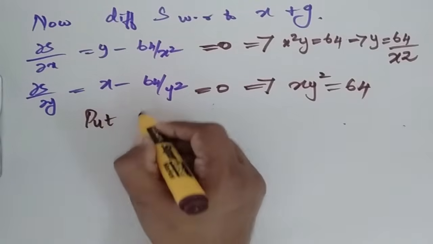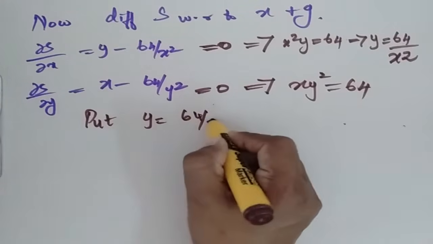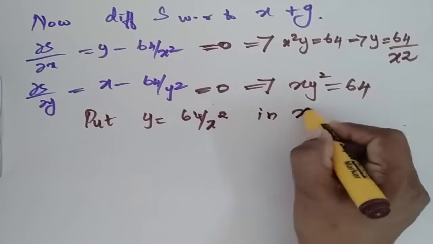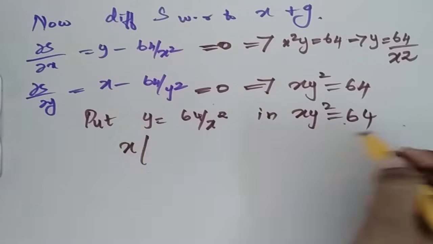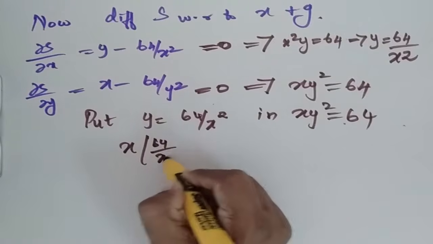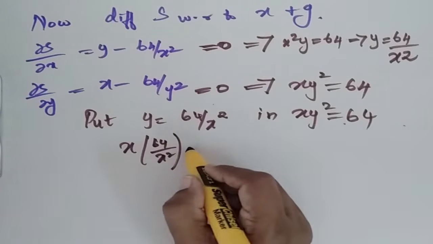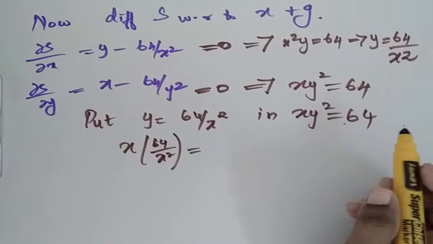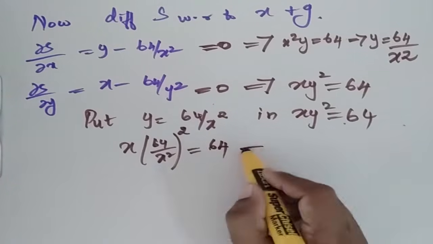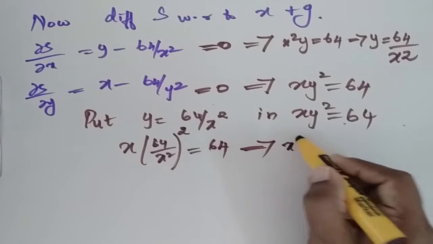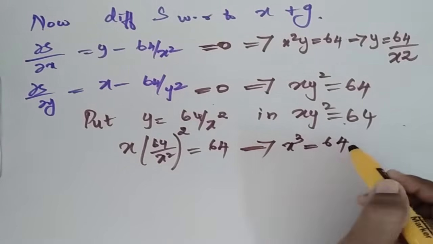Put Y is equal to 64 by X square in X Y square is equal to 64. So X into 64 by X square, the whole square is equal to 64, which implies X cube is equal to 64.